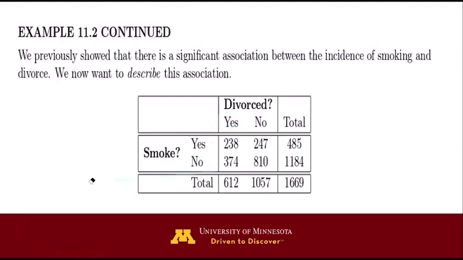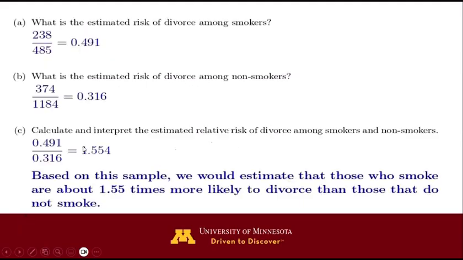After we've gotten the estimated risk of divorce among smokers, we also get the estimated risk of divorce among non-smokers. Then the next thing is to compute the relative risk, because we need relative risk as a measure of association.